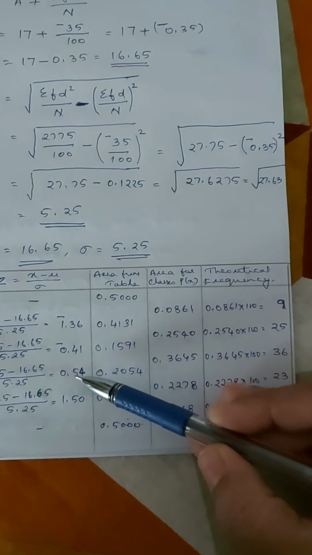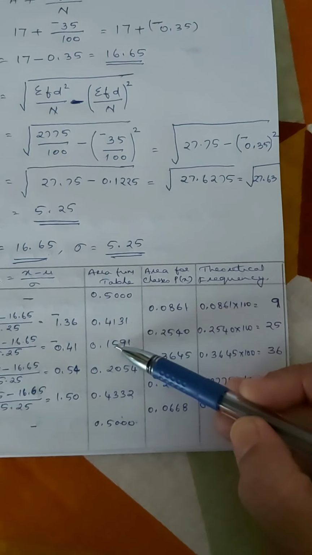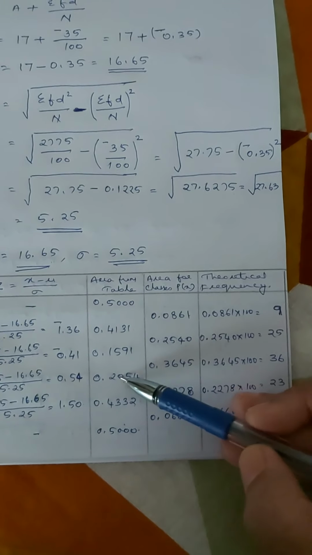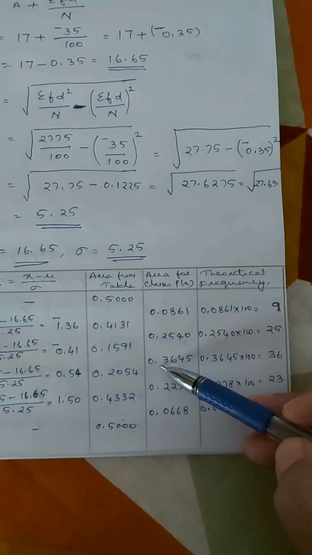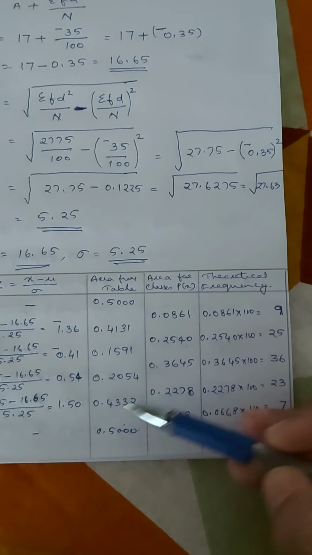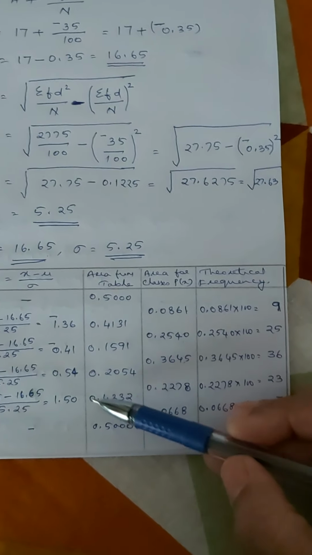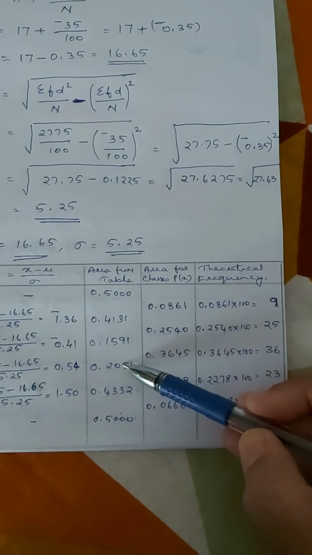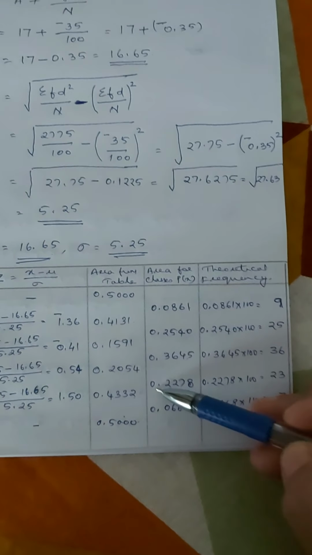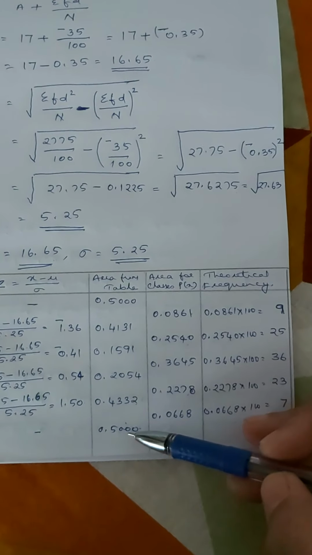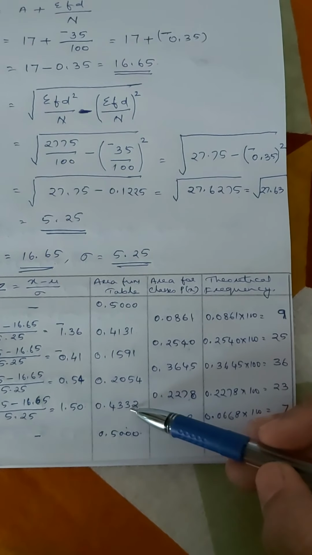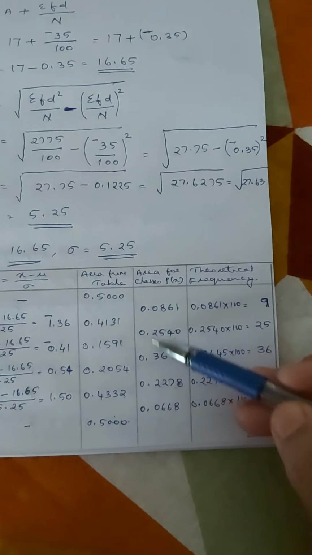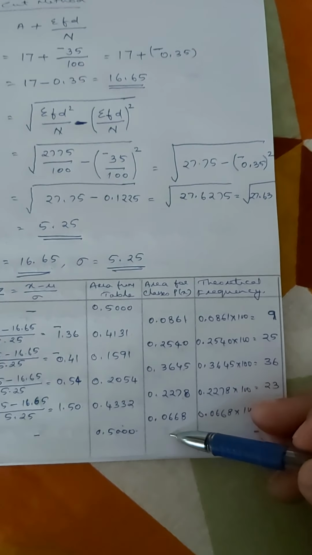Then one negative and one positive, so you add these two values: 0.1591 plus 0.2054, that is 0.3645. Then again positive values: 0.4332 minus 0.2054, that is 0.2278. Then 0.5000 minus 0.4332 is 0.0668. So these are the P of x values.